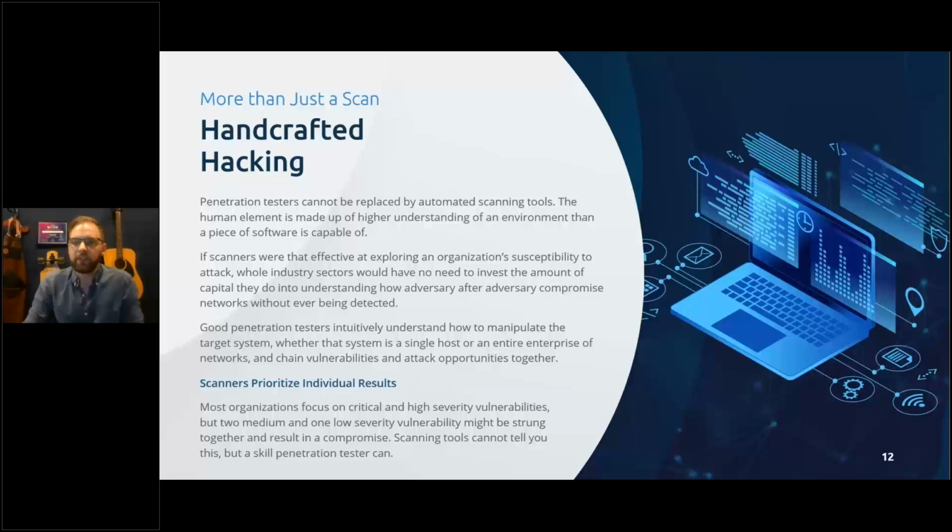Generally speaking, that's not a bad mindset, except that the right medium and the right low chained together can be highly problematic. And manual testing validates that. Looking at mediums and lows isolated in silos without context doesn't give a good picture of the true attack potential when you consider the whole picture.